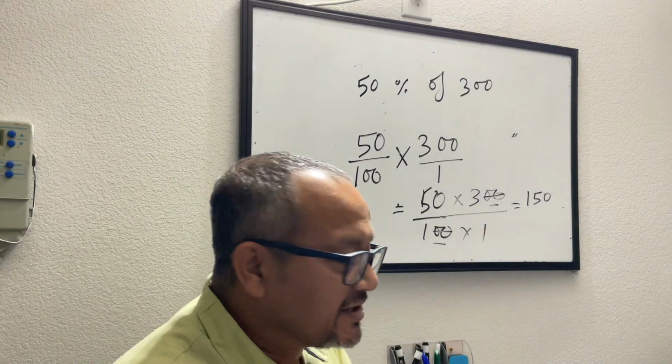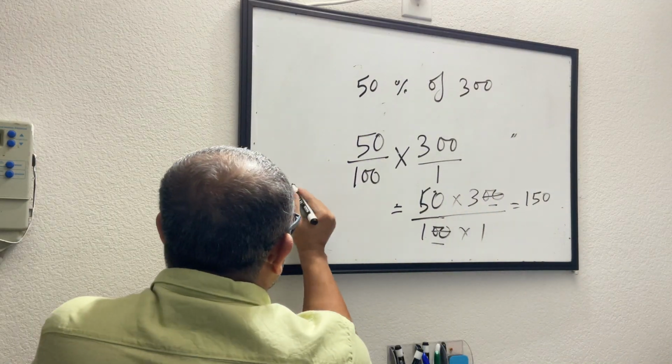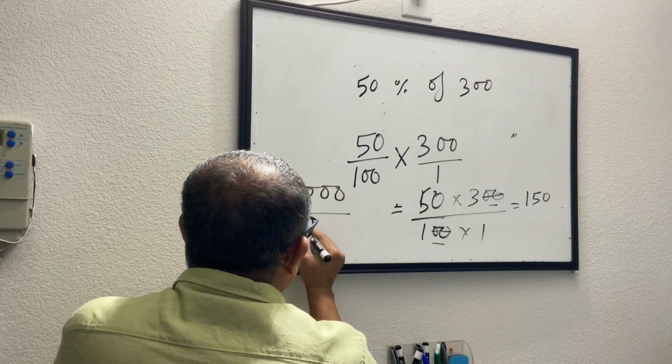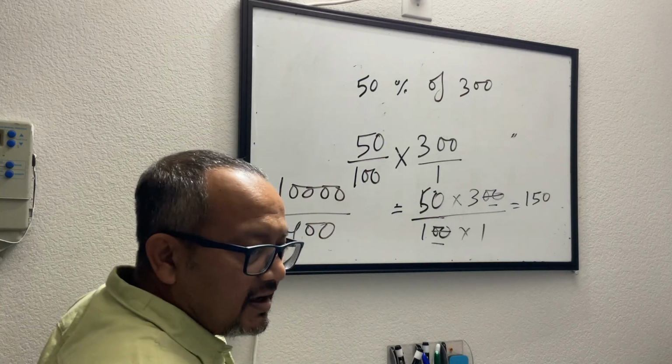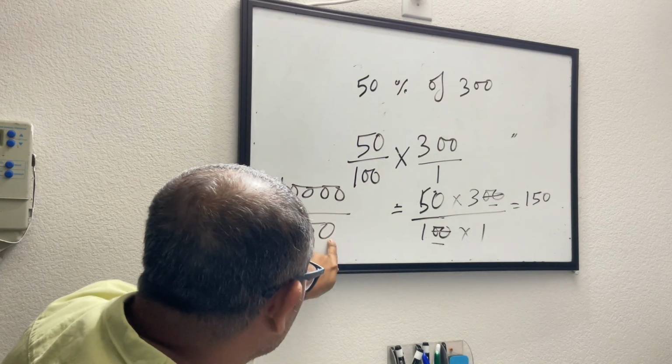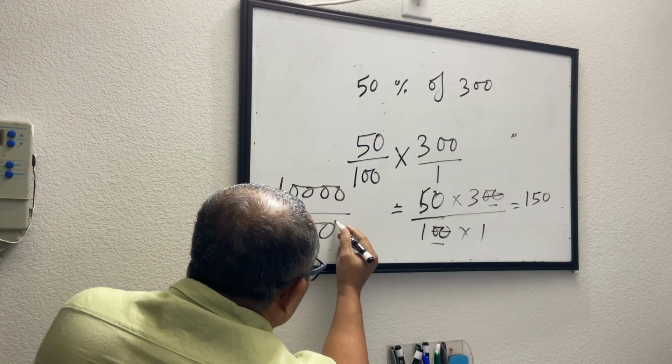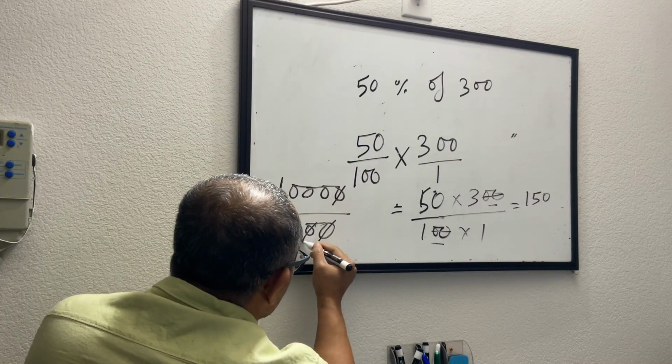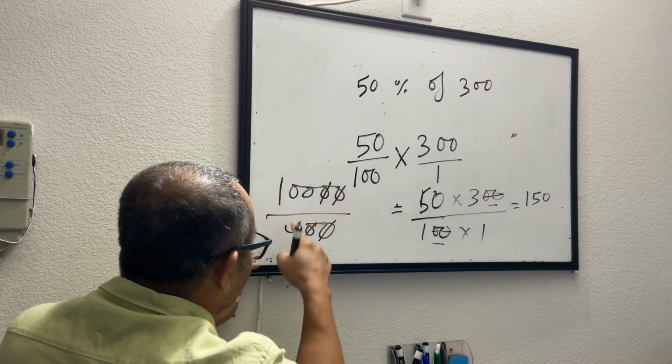So this is a trick. If somebody says divide 10,000 by 400, when you have zeros at the end, you can literally cancel this zero, this zero, and you are left with 100 by 4.